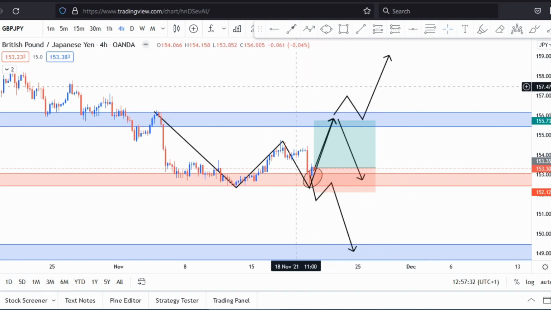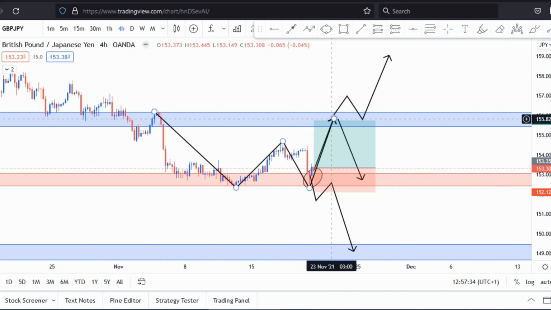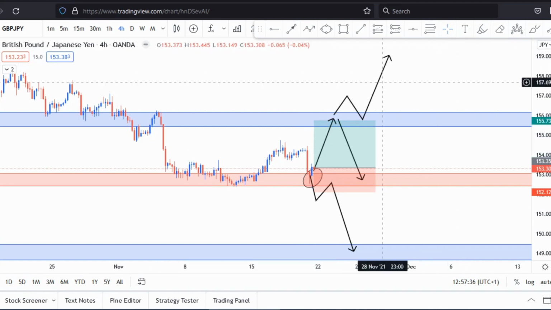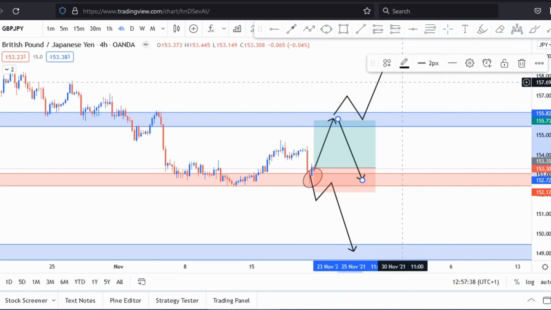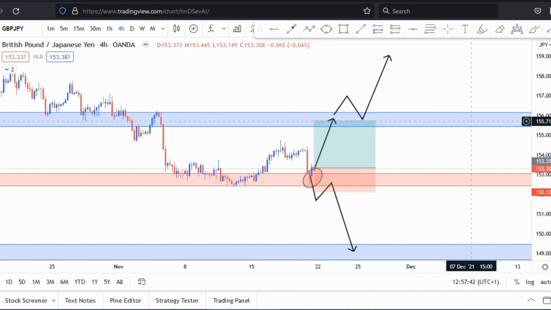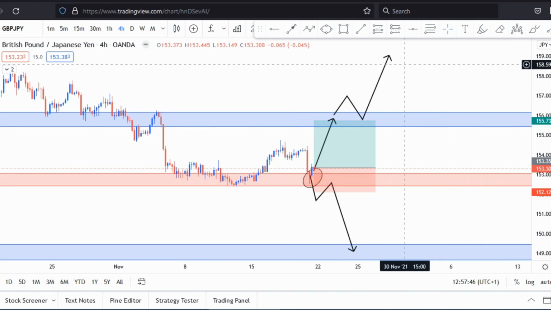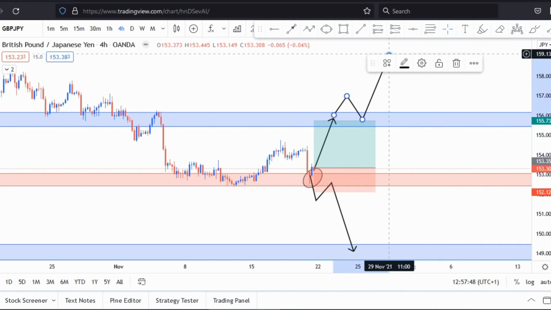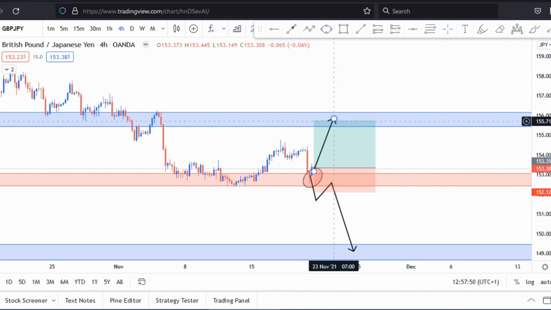So for GBPJPY, this is what I'm looking at. I am not going to take any trades on this because I'm not confident enough about it at the moment, unless price gets to the 1.56 level or breaks the 1.525 level. But on the other hand, I'll just be observing for this trade.